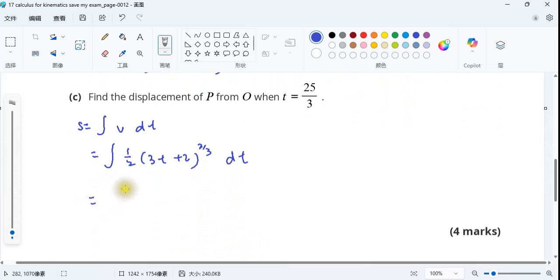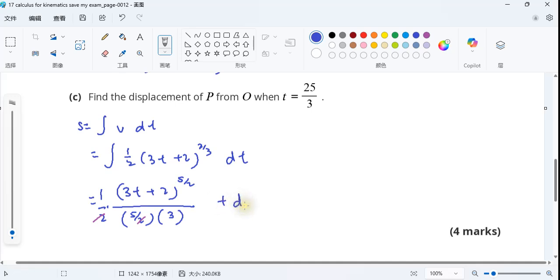Then it will be 3t plus 2 to the power of 5 over 2 divided by 5 over 2 multiply with 3. Then the 2 here cancel, plus d. So it's 1 over 15 3t plus 2 to the power 5 over 2 plus d.